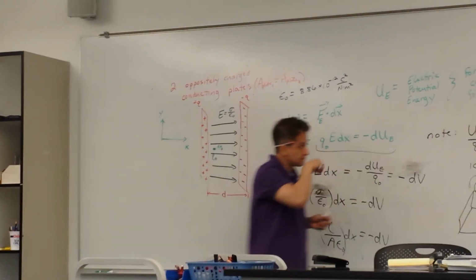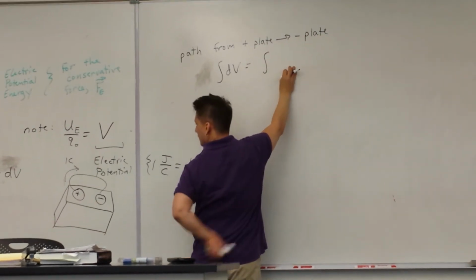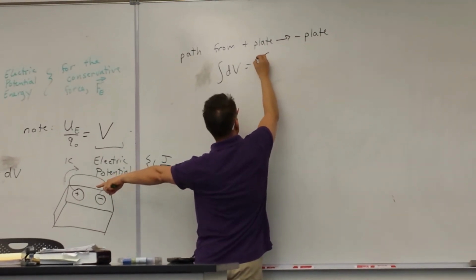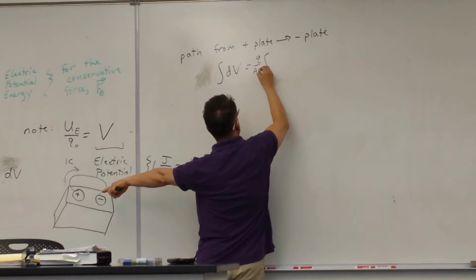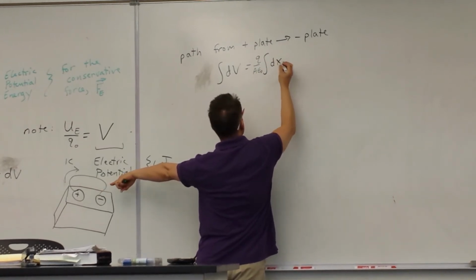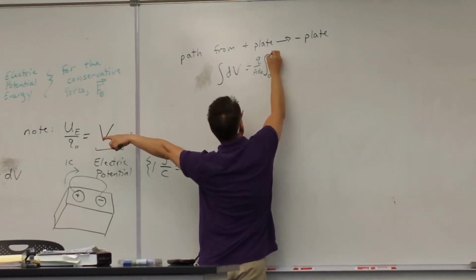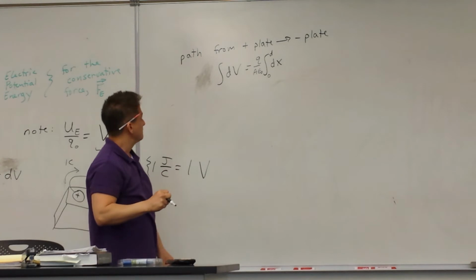And in doing so, it's the equivalent of evaluating Q over A epsilon naught dx as we go from one side to D. With a negative there somewhere? Yeah.